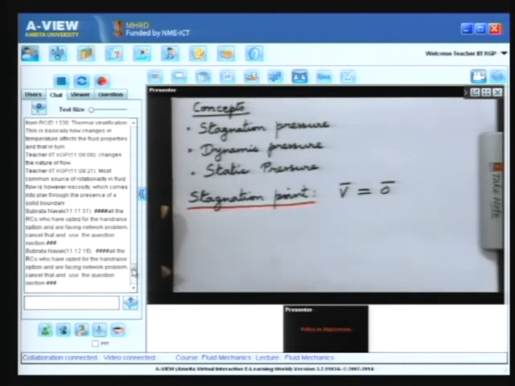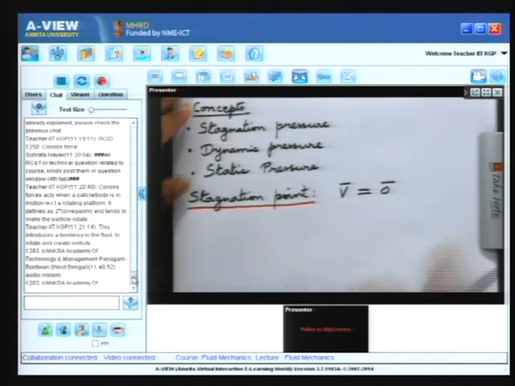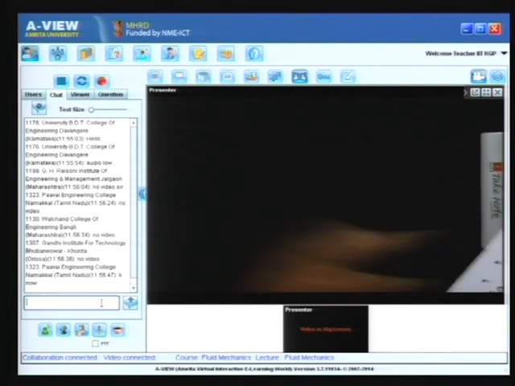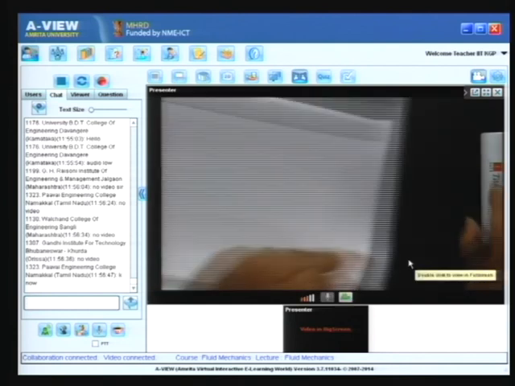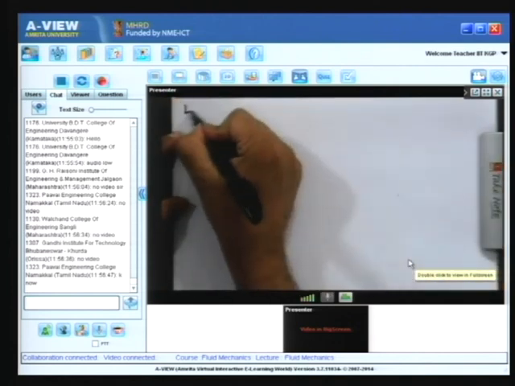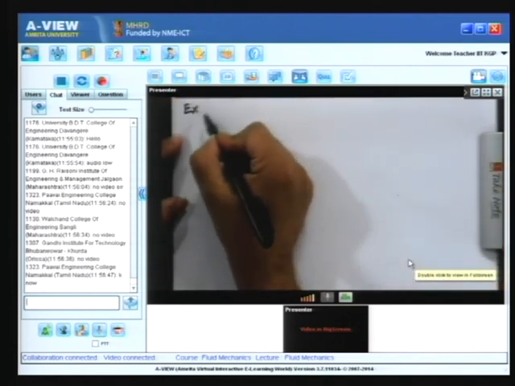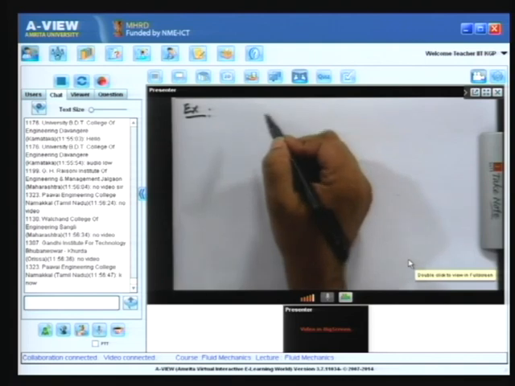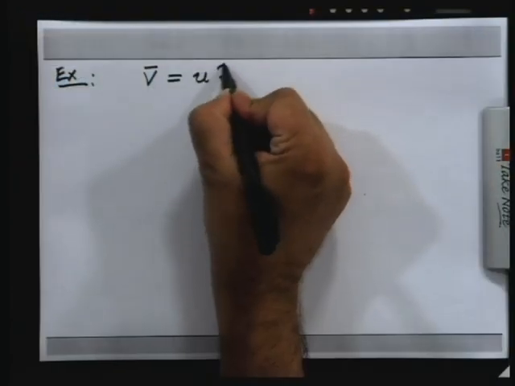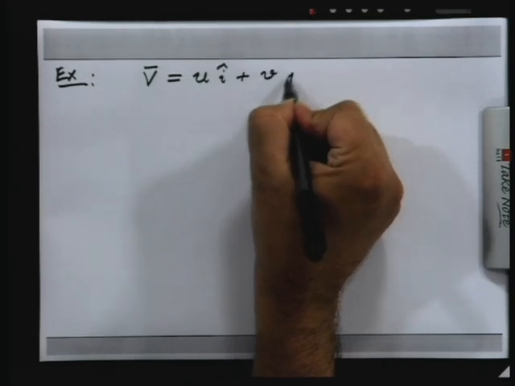Now, I will take an example and show you how to find the stagnation points. So, let us say the velocity field is denoted by ui plus vj for a 2-dimensional flow.